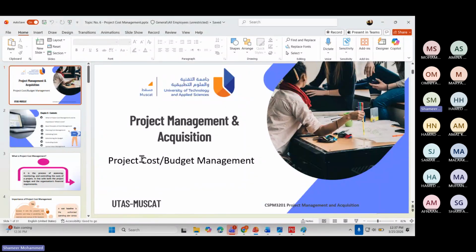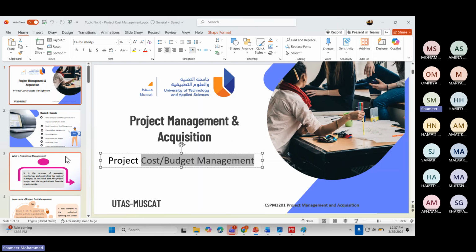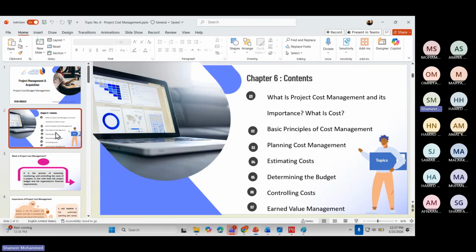So now this lecture is teaching you how to manage the money. So what is this? Why is it important? And what are the principles of cost management? How to plan? How to estimate the cost?